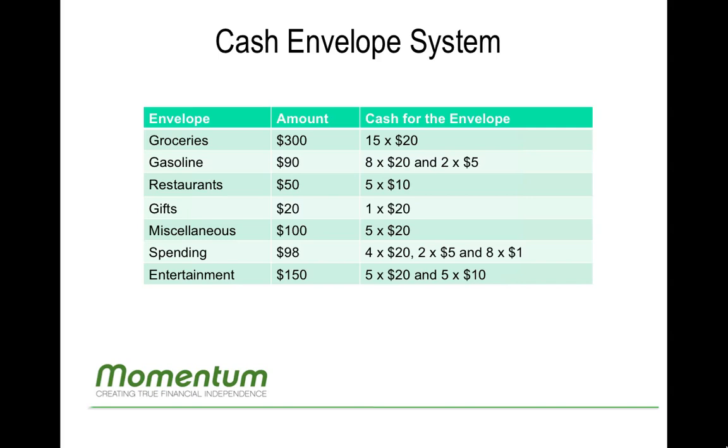The other thing people will ask me about the cash envelope system is, should I keep track of how much I spent out of the envelope and how much I put into the envelope? And my answer to that is no. I did that for a while, and then I realized that sometimes my math calculation would say there should be $60 and there was 40, or it would say there should be 40 and there was 60, and I realized that whatever's in the envelope is in the envelope, and I didn't really need to deal with my miscalculation or my not remembering I had taken $20 to do something.